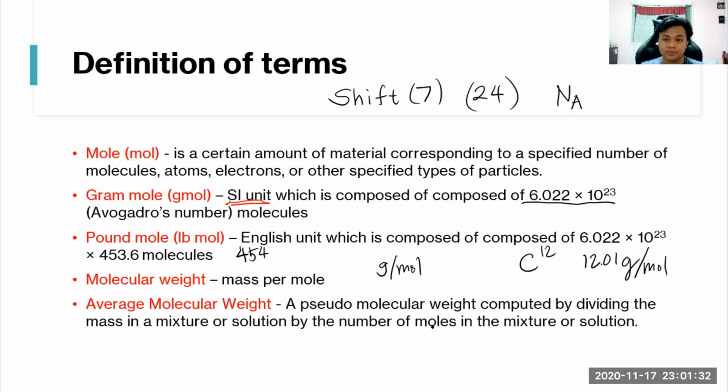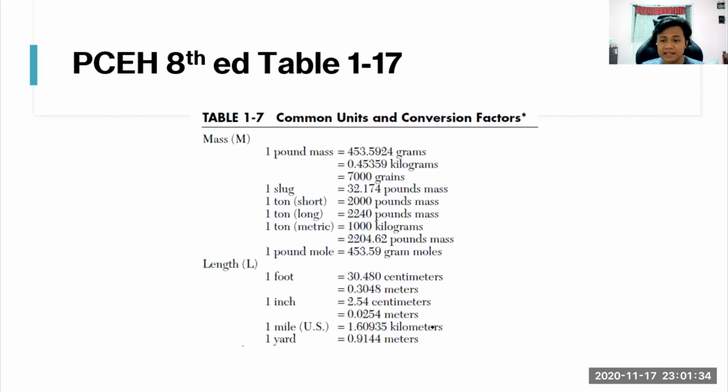Let's move on. In your Perry's, I put here the tables that we will be using. Basically it's just one table, Table 1-17 in your 8th edition.